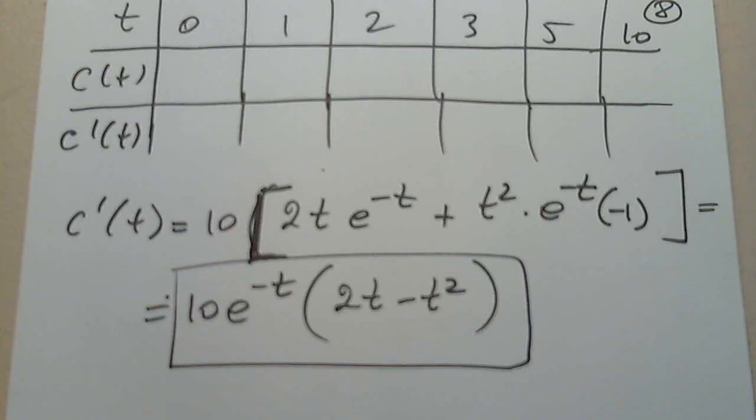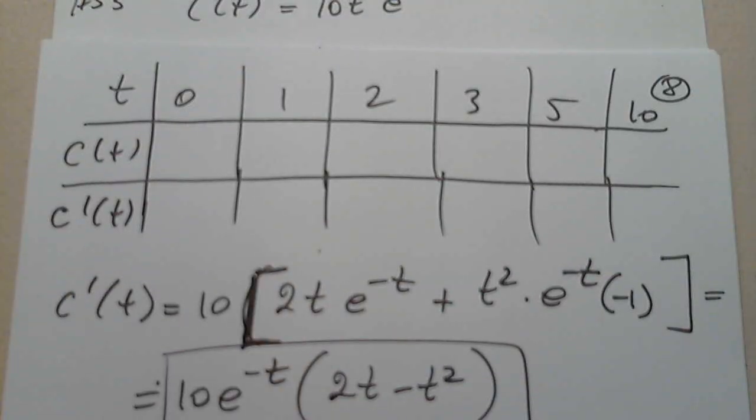So in y equals, clear everything, and put those two functions in. The first one is 10 t squared e to negative t, and the other one is 10 e to negative t and in parentheses 2t minus t squared.